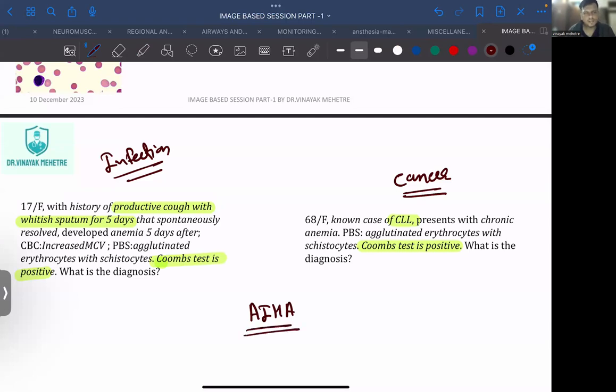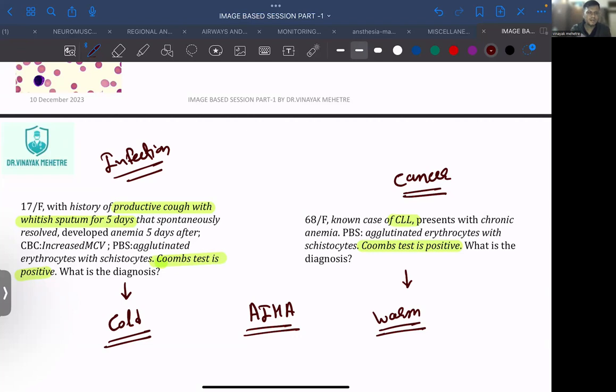If you are saying infection, the answer, remember, is cold autoimmune hemolytic anemia. And if you are saying cancer or anti-cancer drugs, the answer will be warm autoimmune hemolytic anemia.